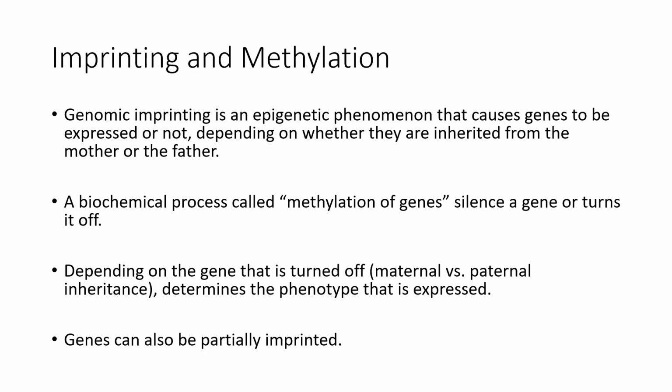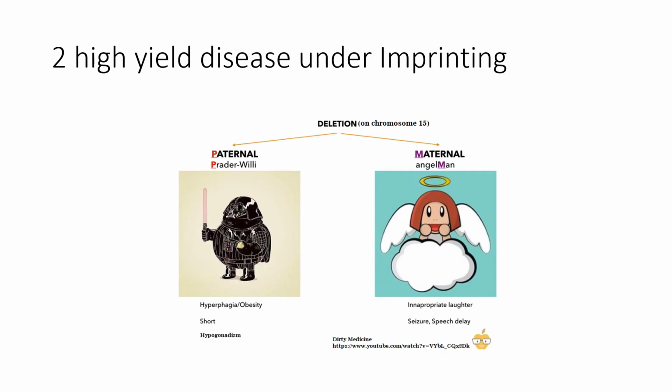The biochemical process of methylation turns off a gene, and depending on the gene that is turned off, either the one received from the father or the one received from the mother, it determines the type of phenotype that is expressed.